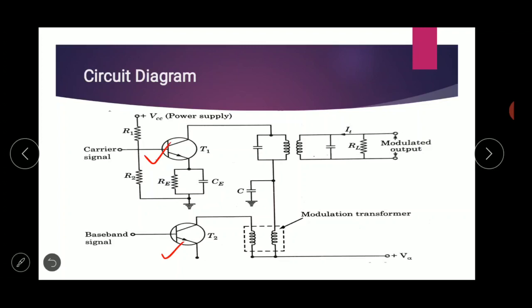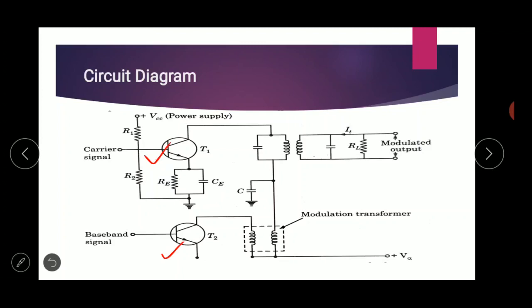This is the circuit diagram. This is T1, and at its base the carrier signal is applied. At the base of T2 the baseband signal, meaning the modulating signal, is applied. T1 works as a class C amplifier and T2 as a class B amplifier.